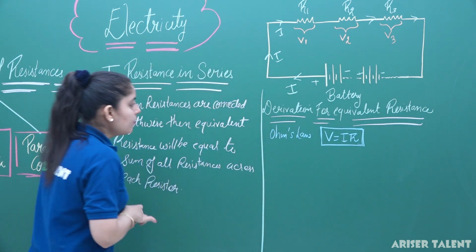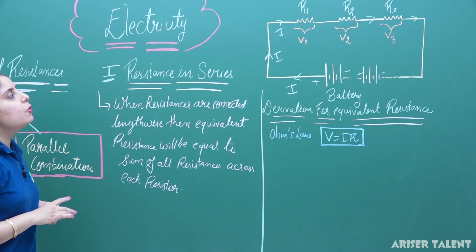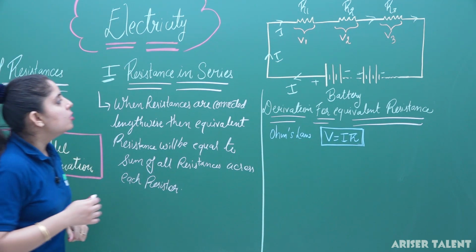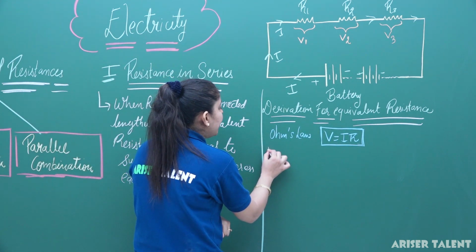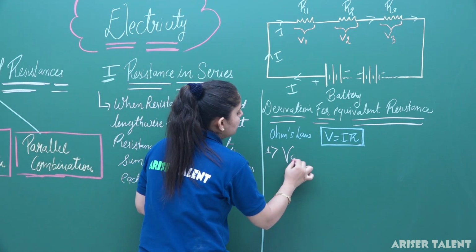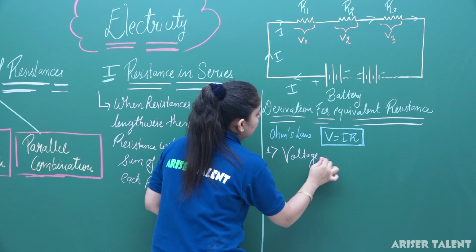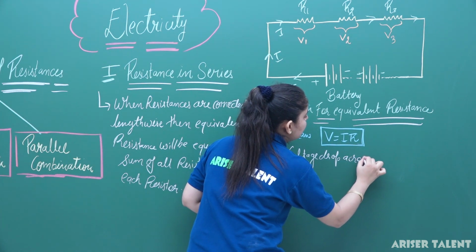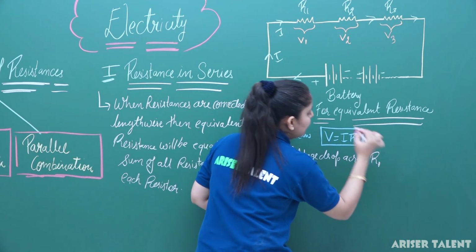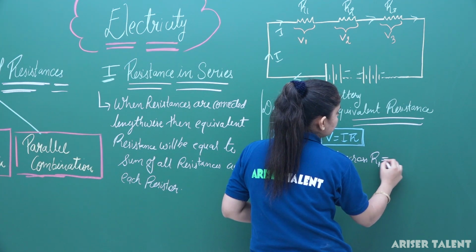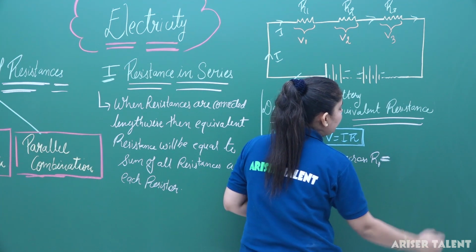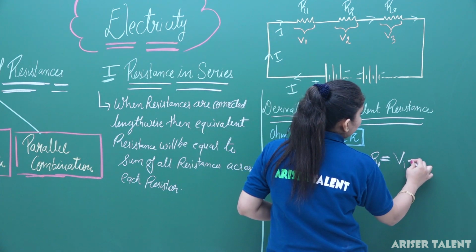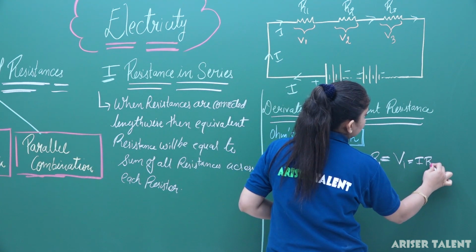Now, we are calculating the voltage drop across each resistor in this system. If I calculate the voltage drop across resistor R1, what do we get? We get V1 equal to IR1.